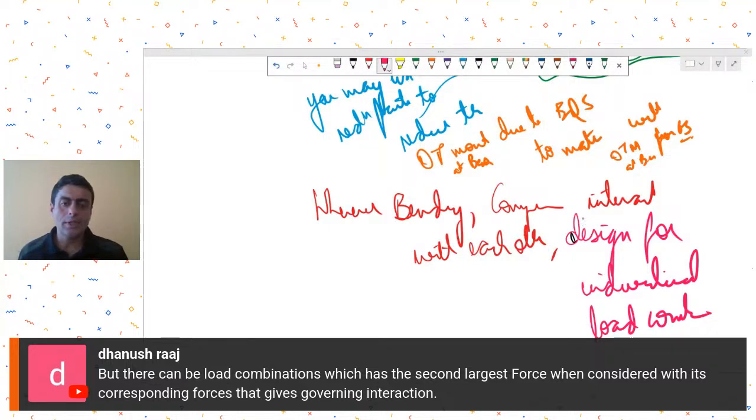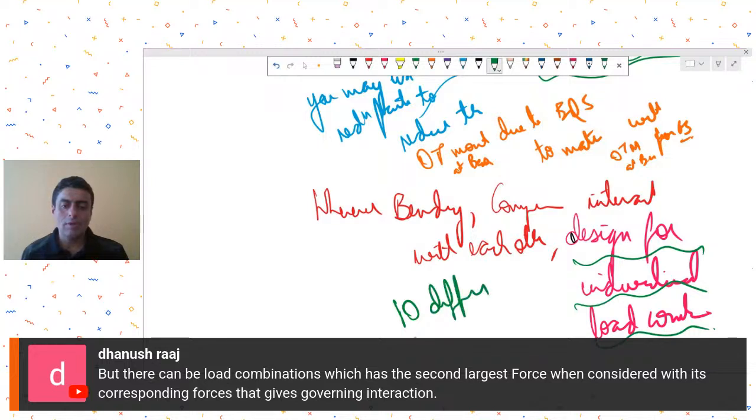That's how the interaction diagram for column design is prepared, let's say. Or if you are having a steel member, that's how the interaction ratios are calculated. They include the effect of both compression and bending. So for such member design, you should not design for the envelope, you should design for individual load combinations. For example, you have 10 different load combinations.